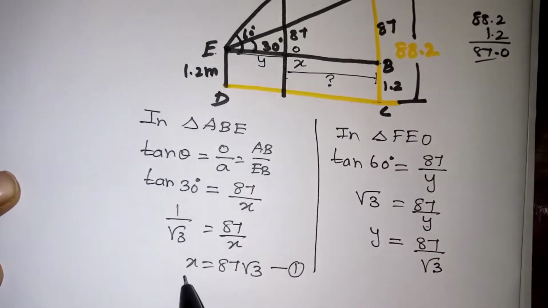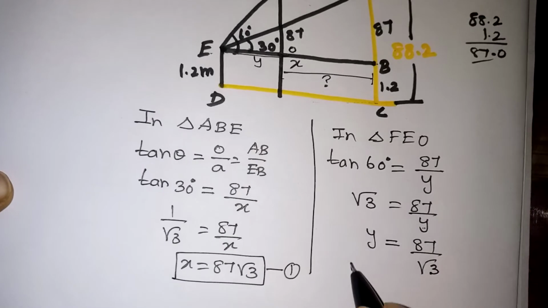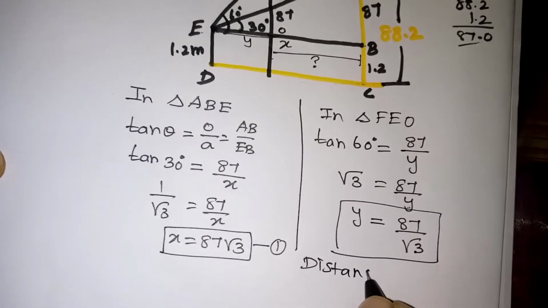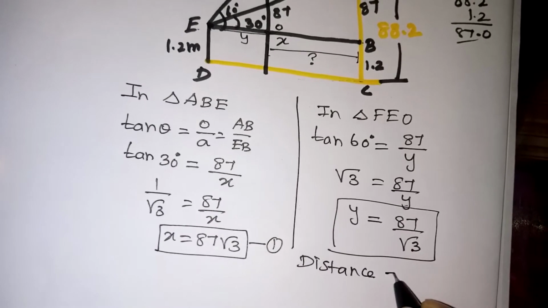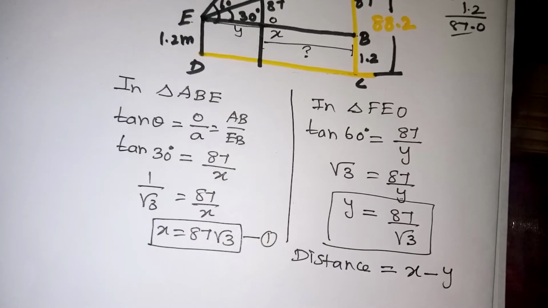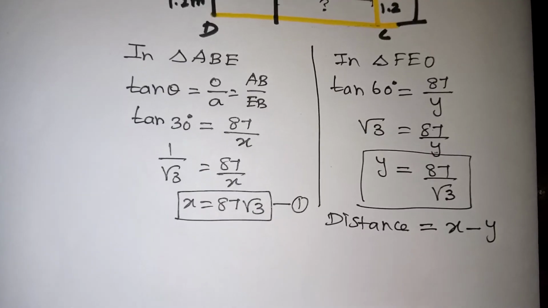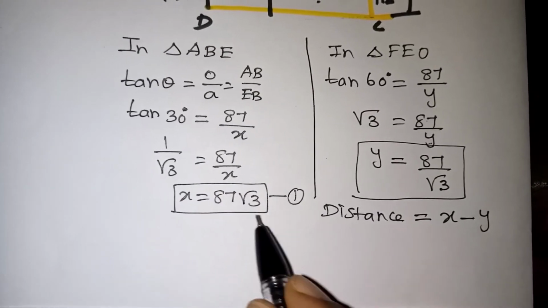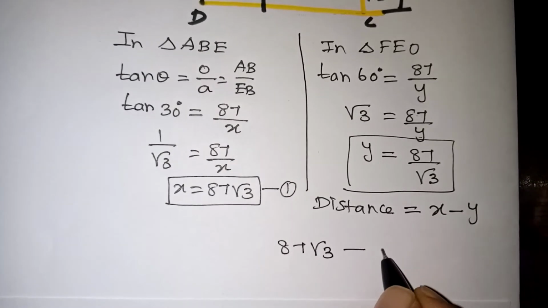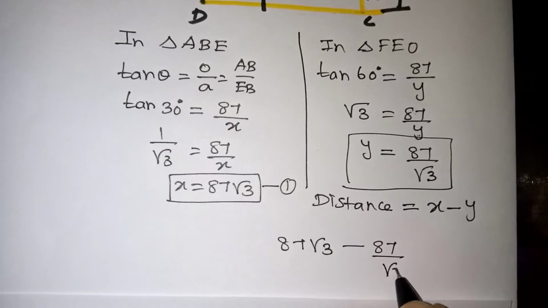Now we got X and Y, so let's subtract. In the place of X we have 87 root 3, minus the Y value, 87 by root 3.